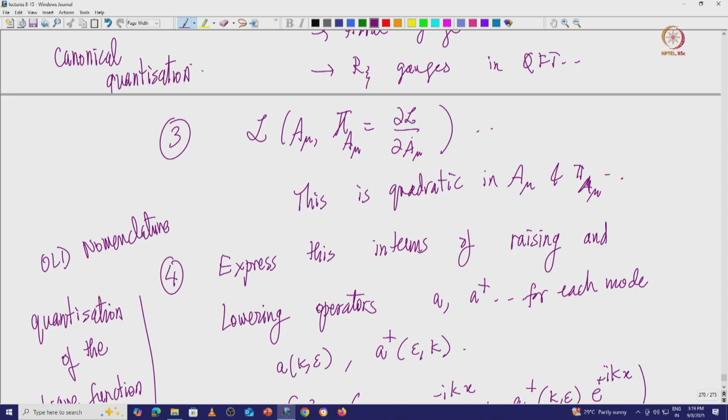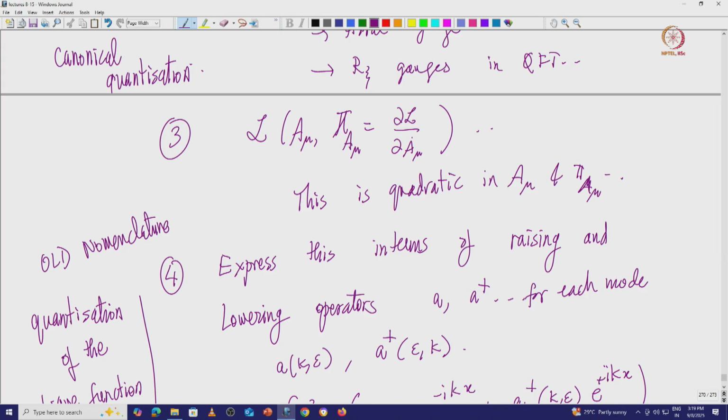This involves writing down commutation relations for equal time, equal time commutation relations.